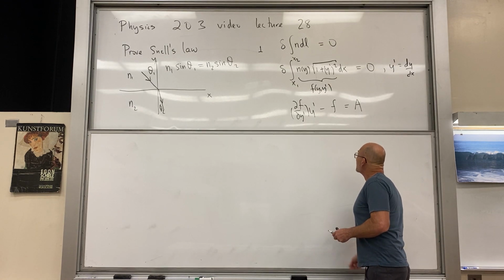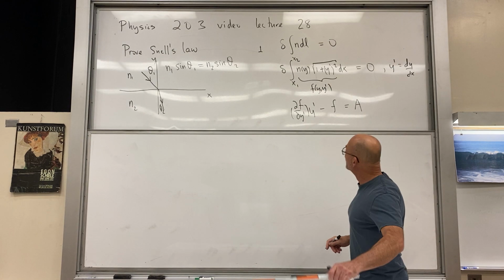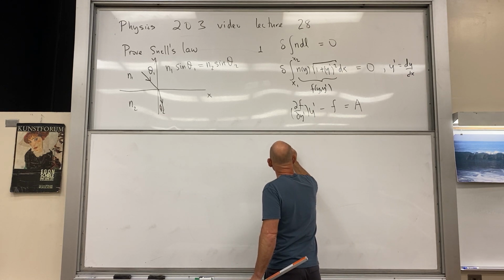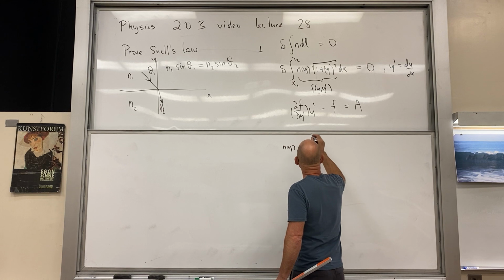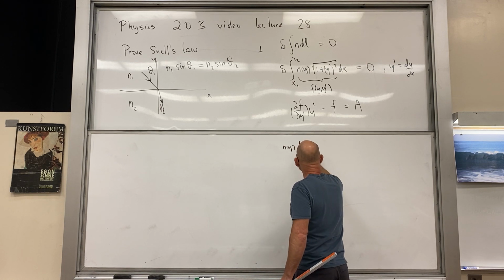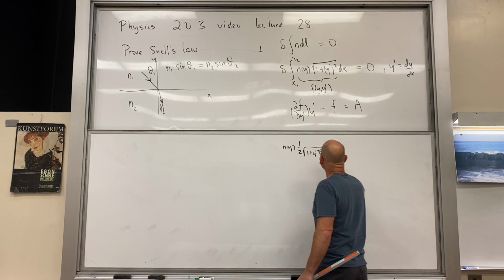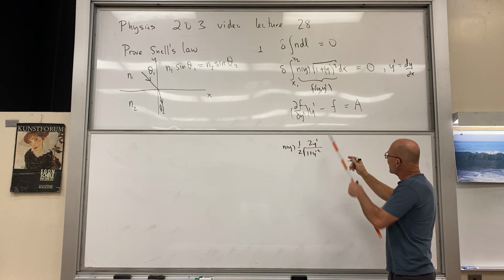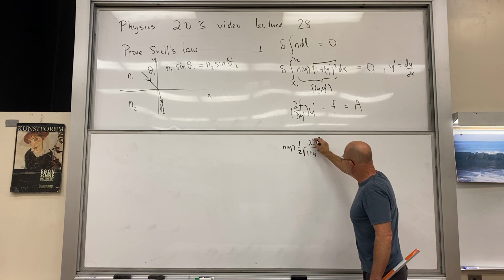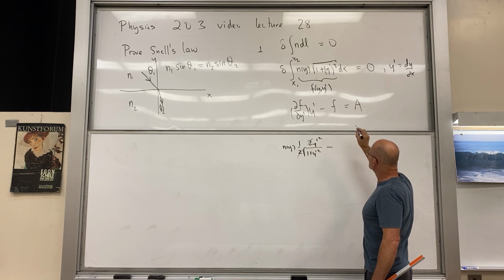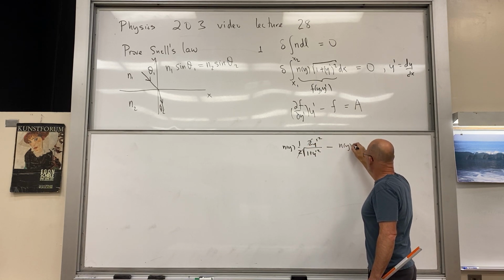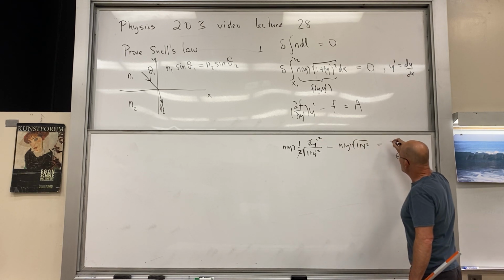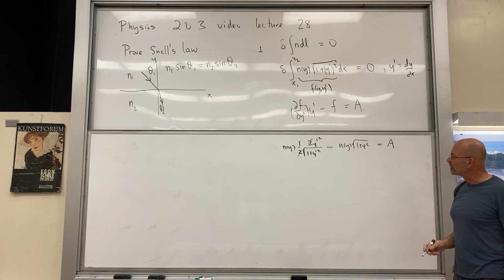So let's go ahead and do that. We will have n of y come out there, then 1/2 root 1 plus y prime squared, 2y prime, and then times y prime; we can square the y prime, cancel the 2's, minus n of y root 1 plus y prime squared equals a. Now we just have to simplify this.